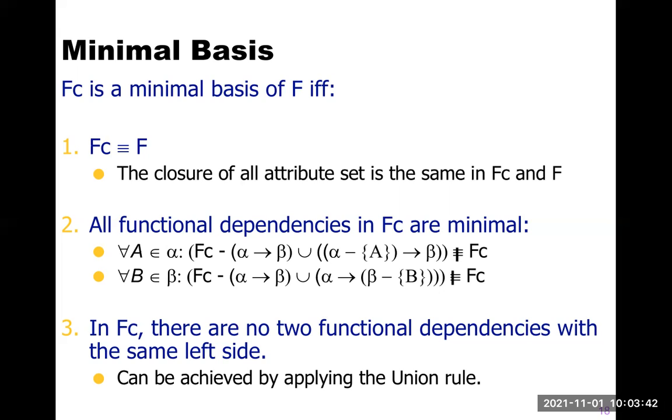But if all the closures are the same, that means that essentially the functional dependency sets are the same, are equivalent. That's a way of checking for equivalence. So FC is a basis if it's equivalent to the original functional dependency set.